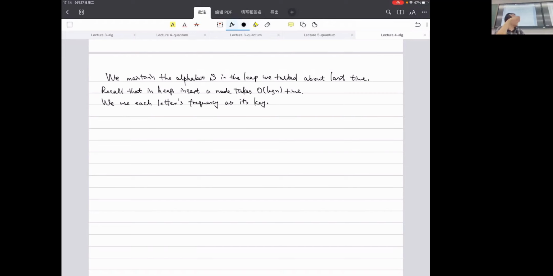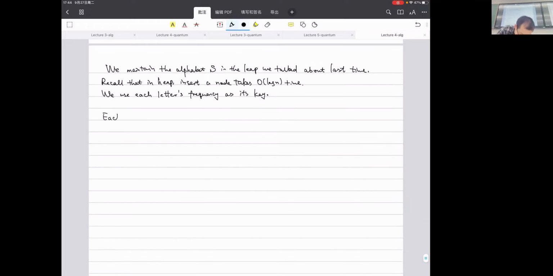So basically, I think it is very important that you observe that in this construction of the full binary tree in Huffman's algorithm, each time we are extracting the two smallest values, the minimum twice. And basically recall that extract min actually takes O log n cost.